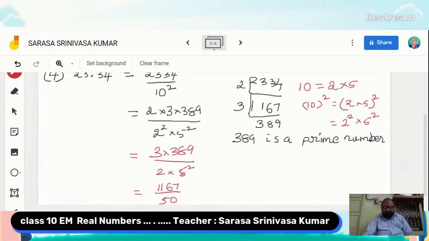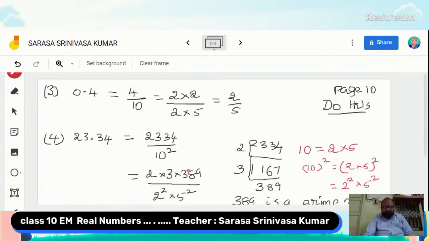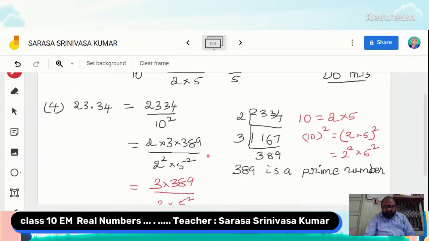So finally we got 23.34 is written as 2334 divided by 10 square.